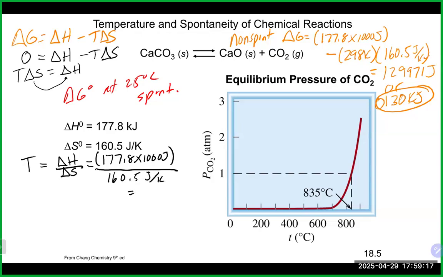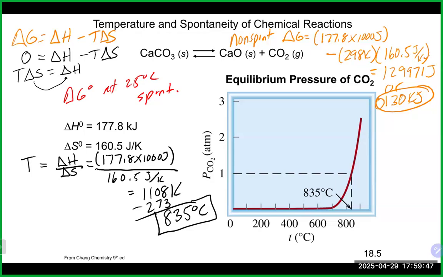That is going to get me a value for my temperature of 1108 Kelvin. If I subtract that 273 from it to turn it back into Celsius, that is 835 degrees Celsius. Yeah, it feels warm.